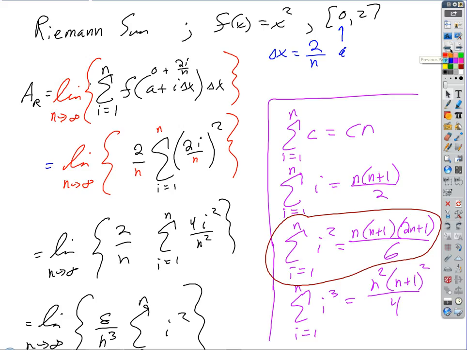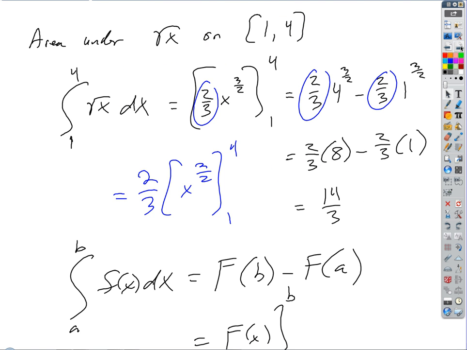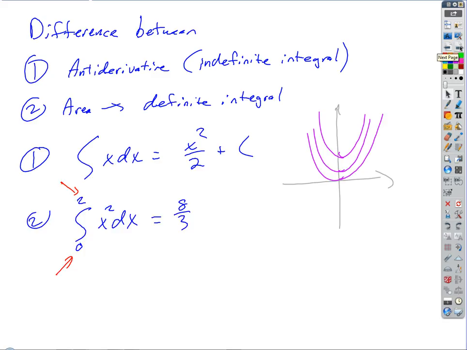We added up the area under x squared from 0 to 2, and we got the answer 8/3. Well, now we would simply write it this way. We went through that whole process, but it's all summarized in this one elegant little statement. The definite integral of x squared dx from 0 to 2 is 8/3.